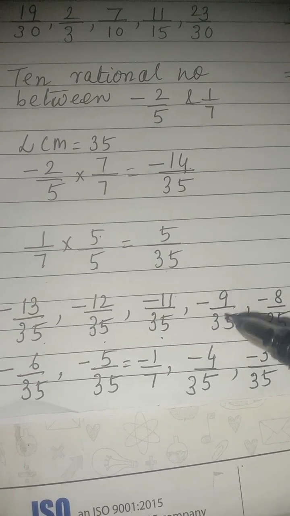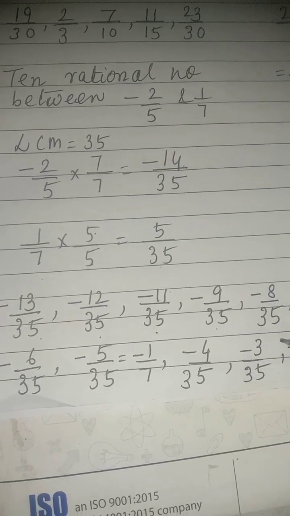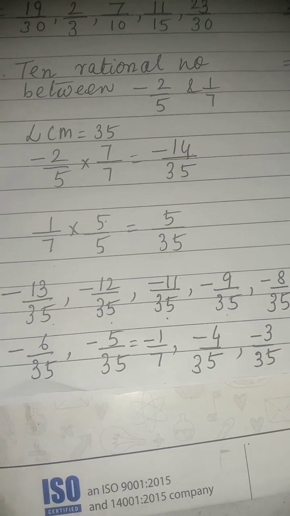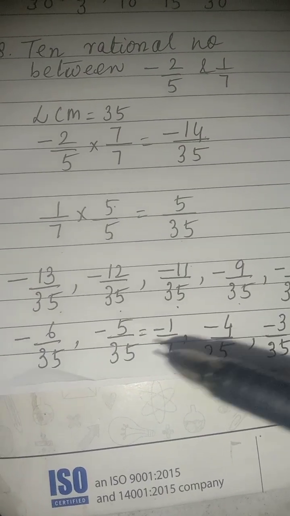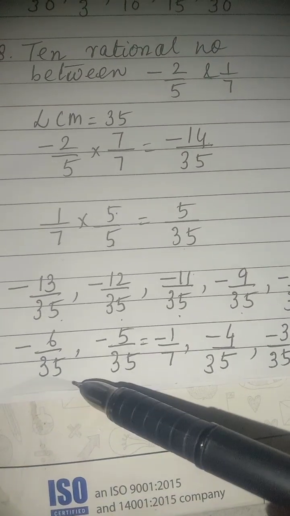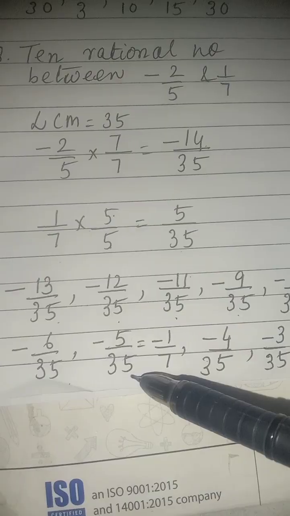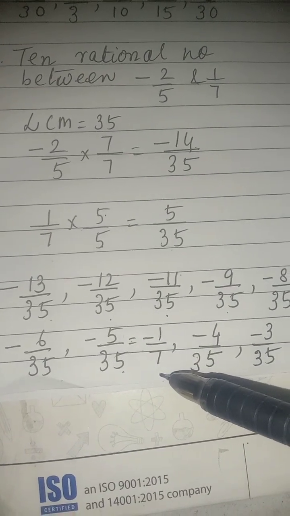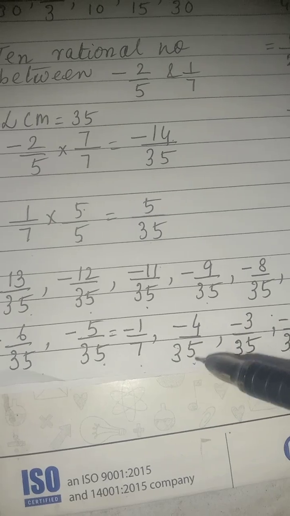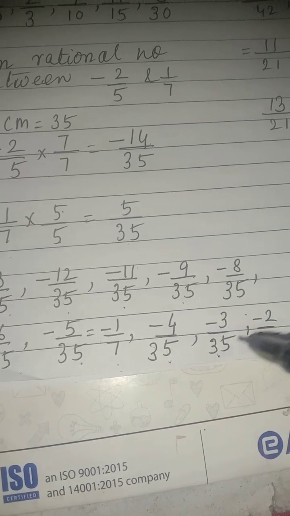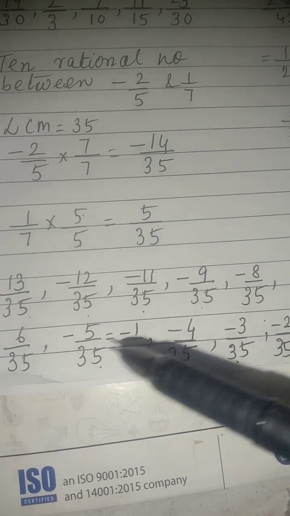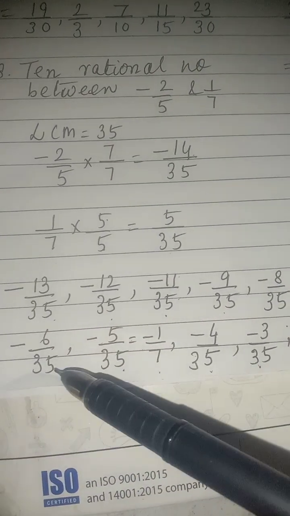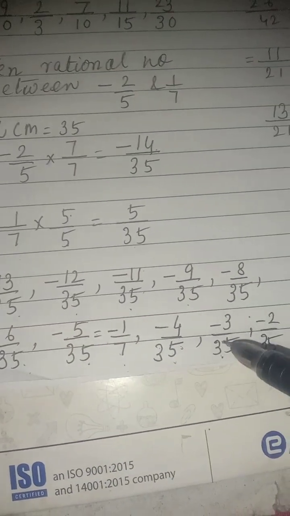So it's minus 9 by 35, minus 8 by 35, minus 7 by 35 will also be there, which I have not written here. Then minus 6 by 35, minus 5 by 35, which after reducing is minus 1 by 7. Then minus 4 by 35, minus 3 by 35, and minus 2 by 35. So 1, 2, 3, 4, 5, 6, 7, 8, 9, 10.